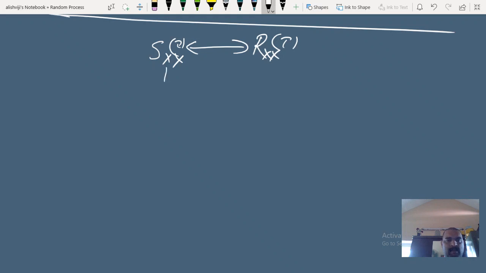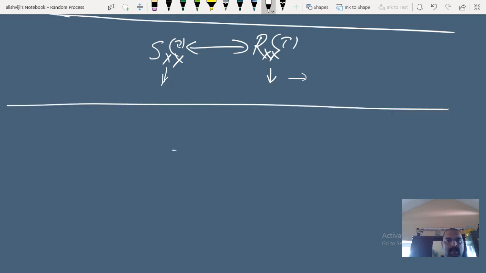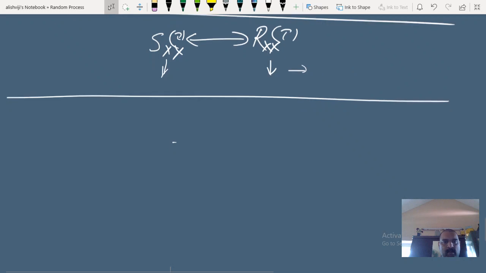If the power spectrum is known, we can find the autocorrelation function, and from the autocorrelation function we can find the autocovariance function, variance, and many other parameters. In a similar way, we can find some properties directly from the power spectrum also. Anyway, this is all about the power spectral density of a random process.